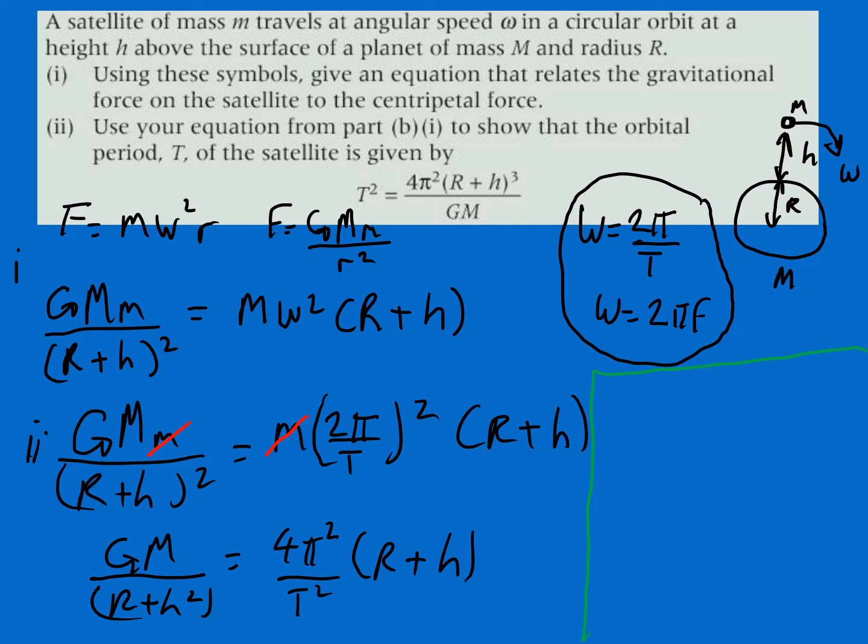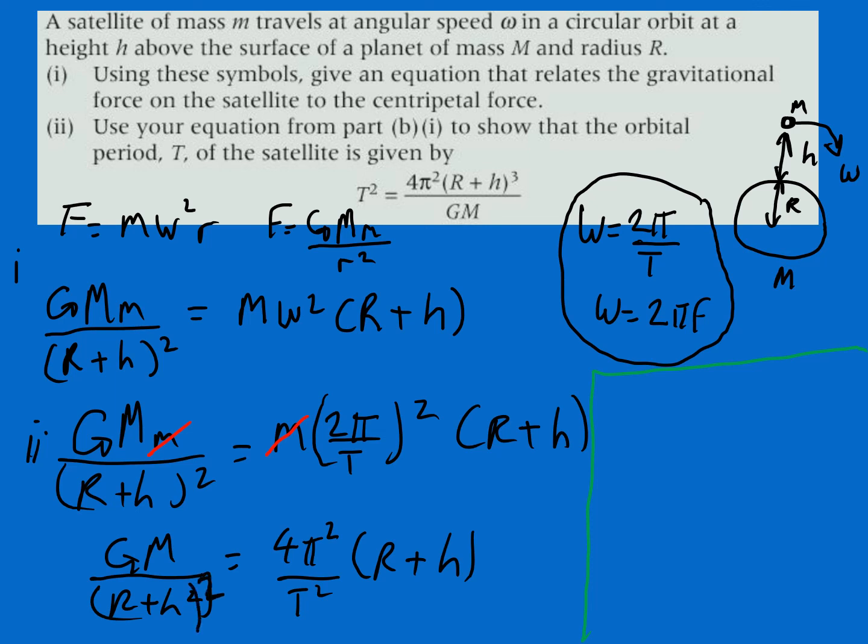Next step, we need to bring T squared over to the left-hand side. So multiply throughout by T squared, and multiply by (R plus h) squared.